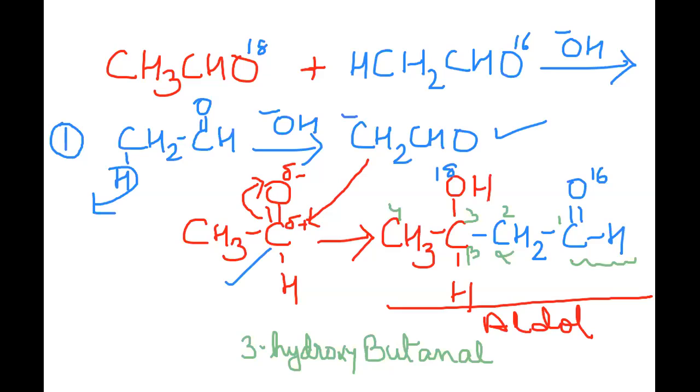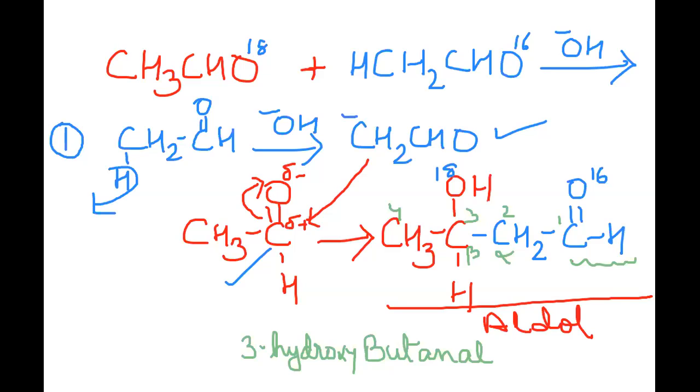Now, these compounds very easily undergo alpha beta unsaturation and result in the formation of alpha beta unsaturated aldehydes. That means a carbon carbon double bond will be established. Now, where will the double bond be formed?